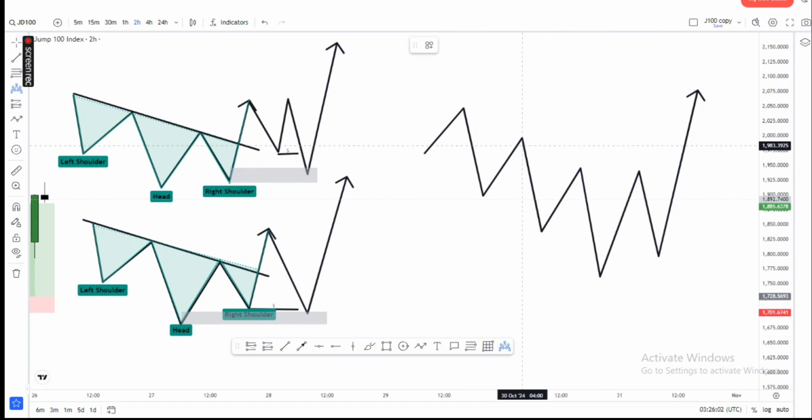So the head and shoulder is going to give you two shoulders, and you have your head. So right here, this is our left shoulder. If you draw it correctly, it's going to come out well. So you want to make sure you get what your point A is. This is always your point A, and this is your point B right here.